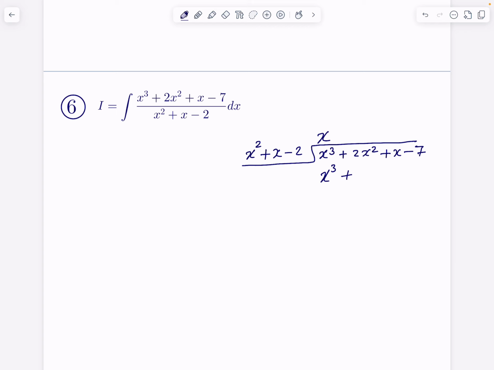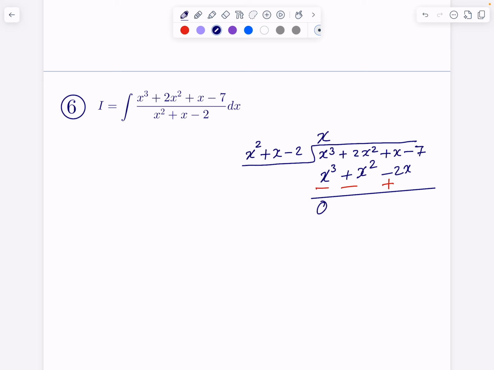And then plus x squared minus 2x. So the signs change: plus becomes minus, minus, and here is plus.